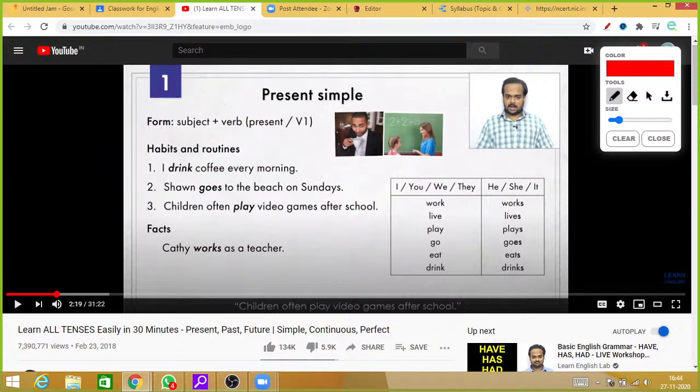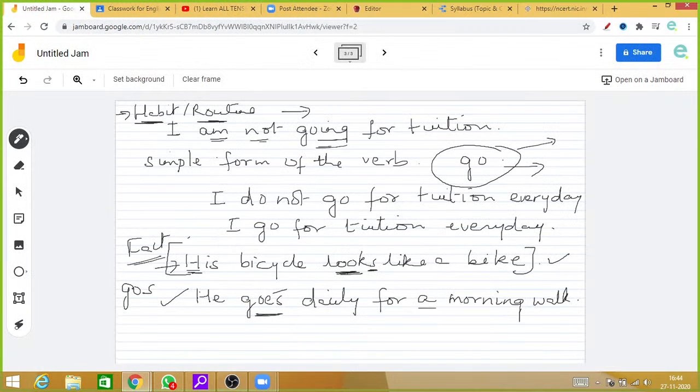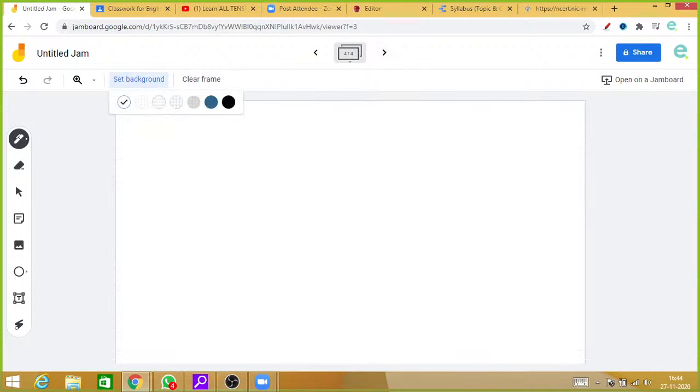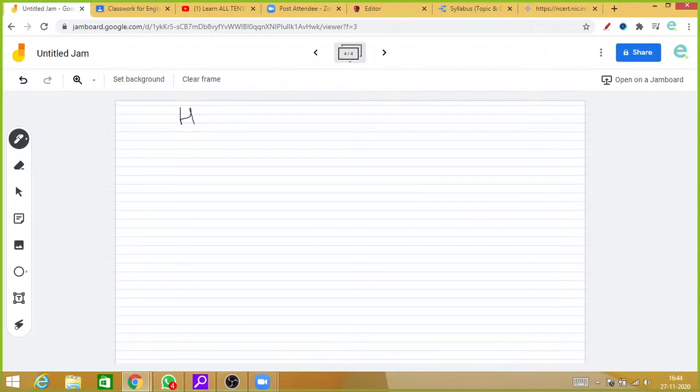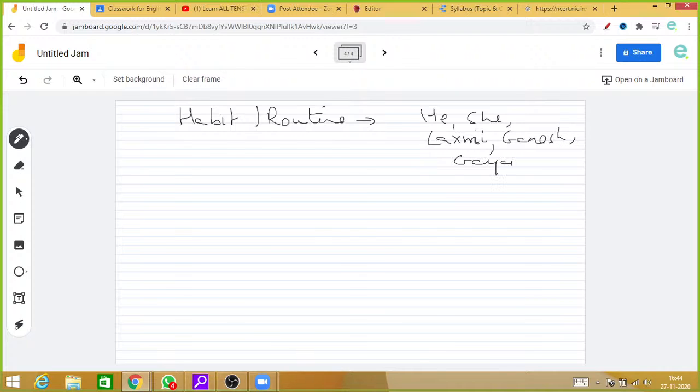Okay. So let's try to make one. We are talking about a habit or a routine for somebody else, a he or a she, or maybe your sister whose name is Lakshmi, or maybe for Ganesh, or for Gayatri, anybody.